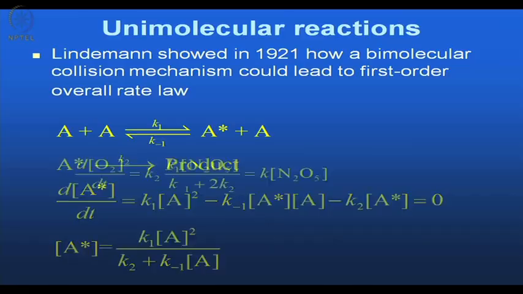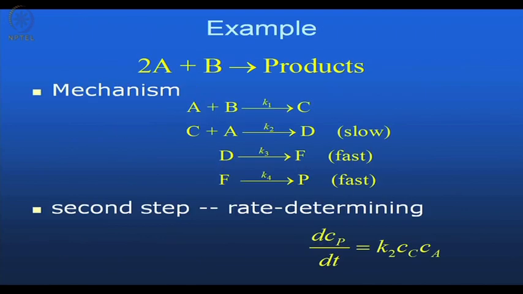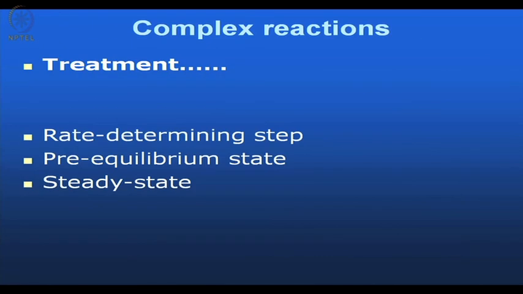Okay. So, what we have learned today? Let us try to sum up. We are still in complex reaction, and the treatment for a complex reaction is that you have to invoke the concept of rate determining step, that is the slowest of all the elementary steps involved in the mechanism.